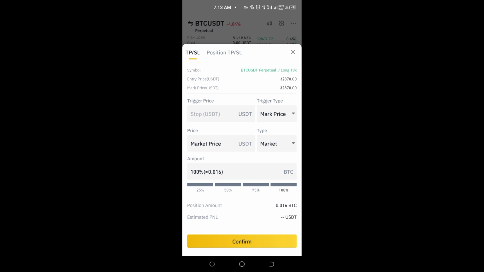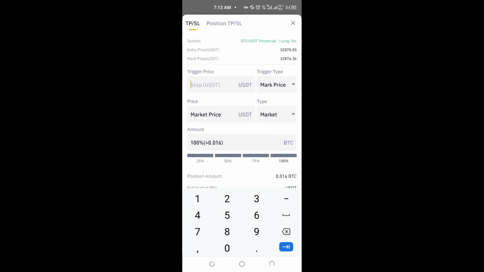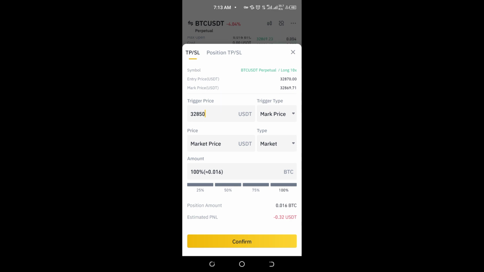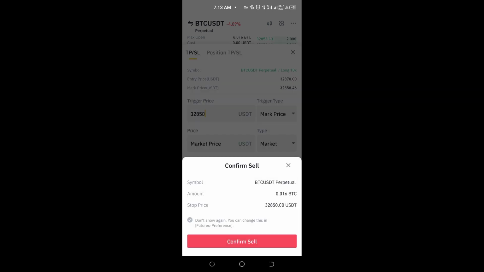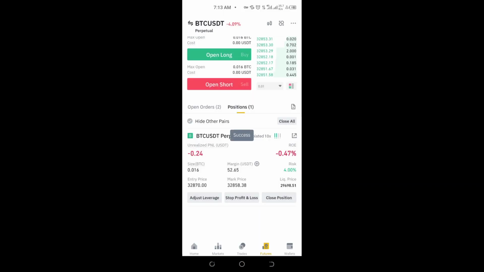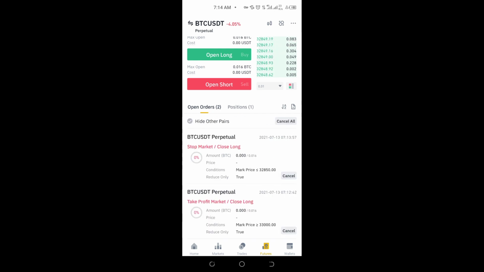Let's say if the market moves against us to maybe 32,850. So if it goes to 32,850, it should close, and it will be closing at a loss of 0.32 USDT, and we set. So it also goes to the open orders. That is where you can check it.